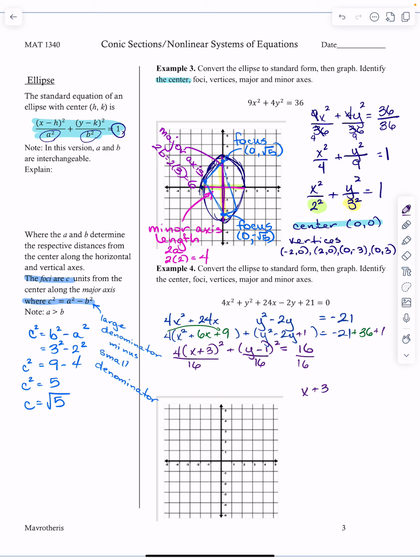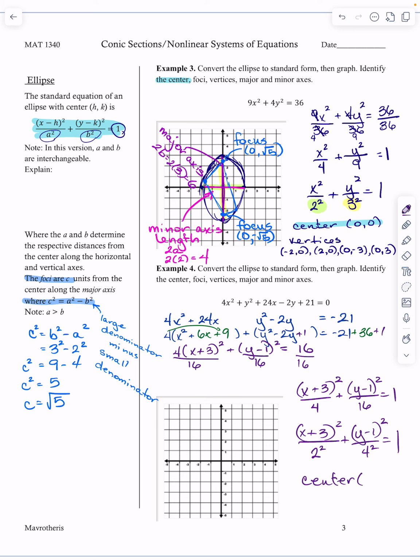I get x plus 3 squared over 4, plus y minus 1 squared over 16, equals 1. And this is going to work exactly the way it does when it was centered at the origin. But now look at where my center is. My center is at x minus h, so negative 3, y minus k, 1. Negative 3, 1. There's my center.